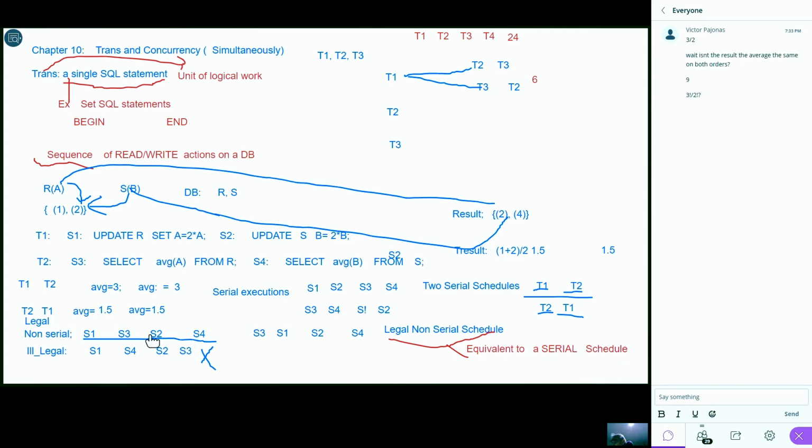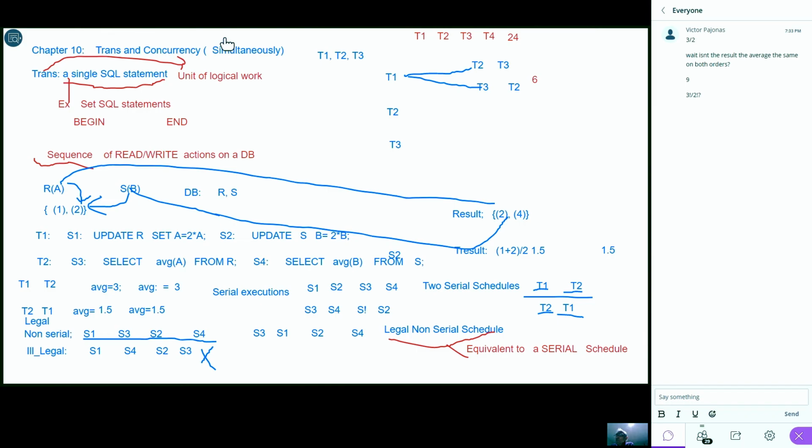Okay? So it says here, everything on this page number 2, which you can see. Where is page number 2? Here. So you can see here the statements. The objective of serializability is to find non-serial schedules that can be serialized and thus allow the transactions to execute concurrently without interfering with one another.